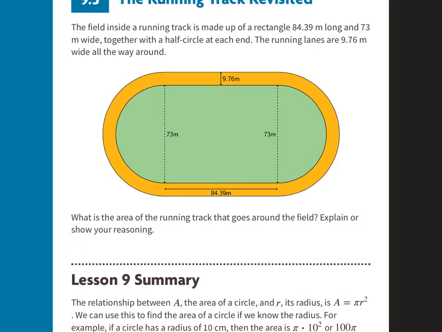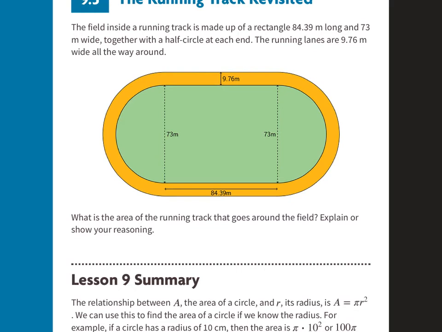Okay? Let's just find the area of the green part. So the green part is a rectangle in the middle, and then 2 half circles, which is a full circle. The area of the rectangle, remember, is just base times height.